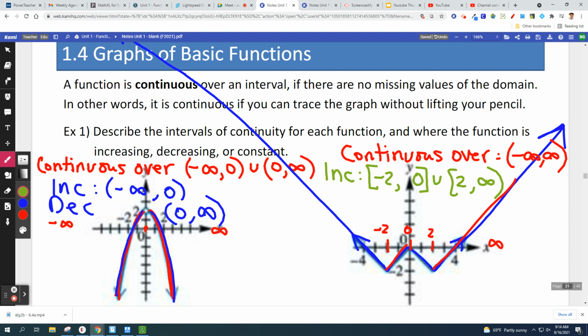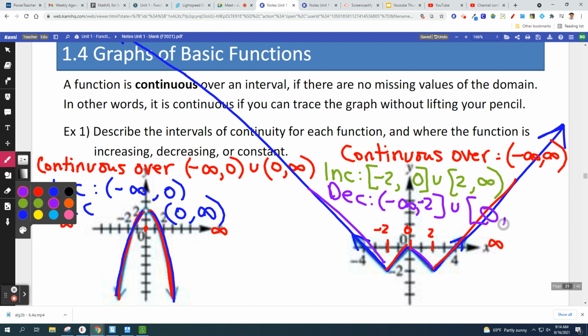So then decreasing, you look at decreasing as this part and this part. So it's decreasing from negative infinity to negative 2, bracket, unioned with 0 to 2.